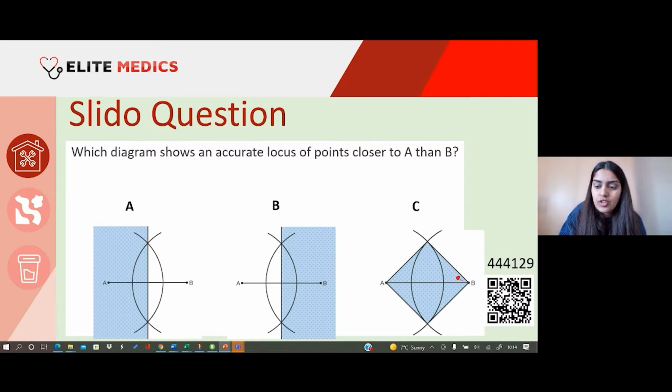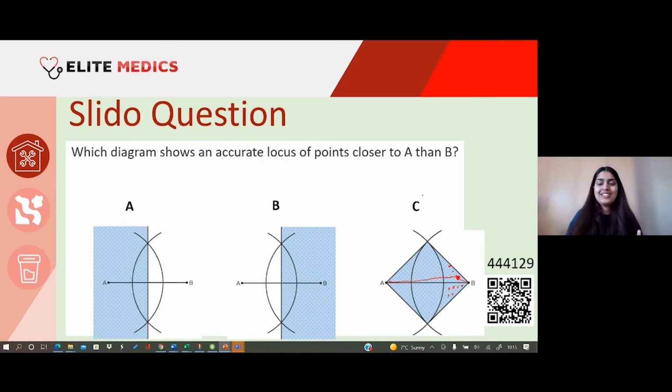This point is closer to B than it is to A. So you see how these points violate the rule that I need to be closer to A than to B. You cannot have even a single point of that sort that violates the rule, right? So if I say it needs to be closer to A than to B, I need to make sure that every single point, always choose extremes, right? So I've chosen an extreme here. I've taken that point there. That is so much closer to B than it is to A. Okay, so you can see there why that's not correct.